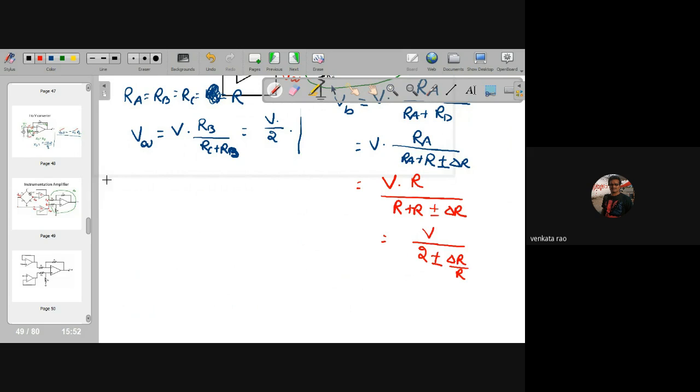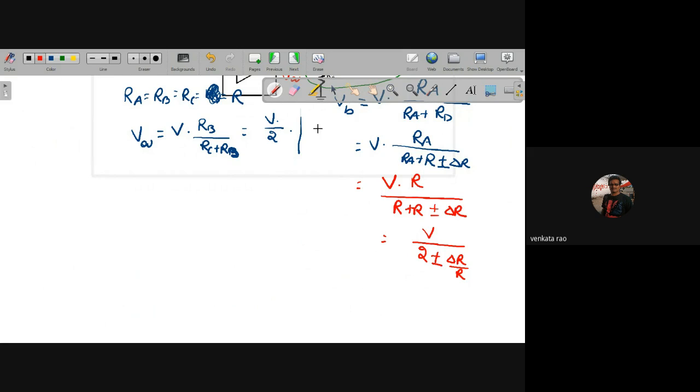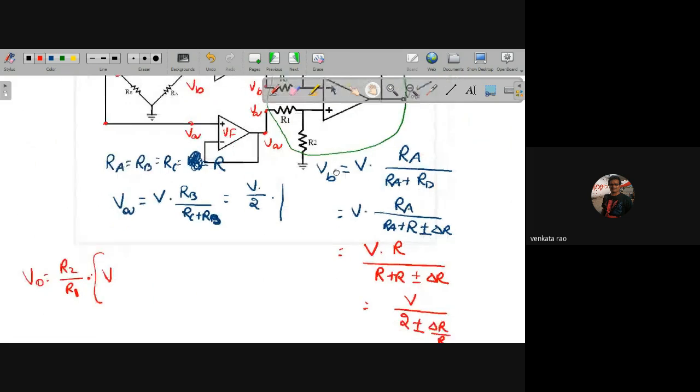So your final output voltage is R2 by R1 into V. So what is that, VB or VA? Okay, VA minus VB.